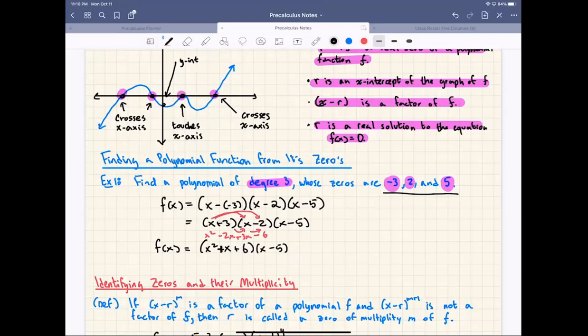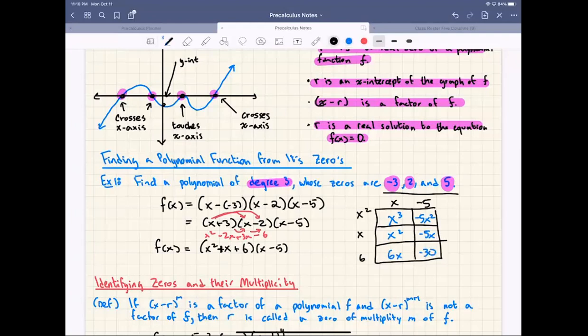So it's going to be x squared plus x minus 6. And if you don't know how to do that, we can always do the box method to find the last part. We're going to have x squared, x, and 6, and we're going to have x minus 5. You're going to draw a box, and then we're going to add some stuff up. All right. So you should know this from algebra 2. x cubed, negative 5x squared, x squared, negative 5x, 6x, and negative 30.